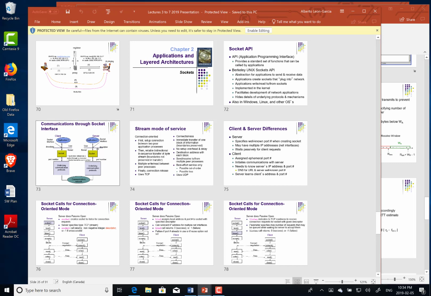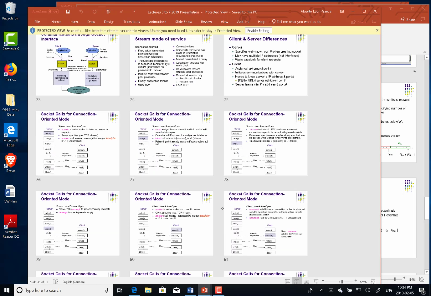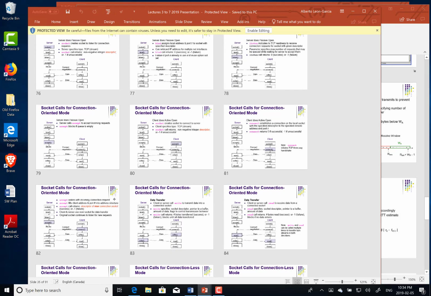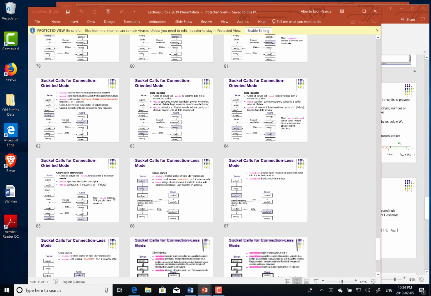Above it, you have descriptors that allow you to refer to the types of transfers that you require in your application. And in these charts, we explain how the different types of transfers work.